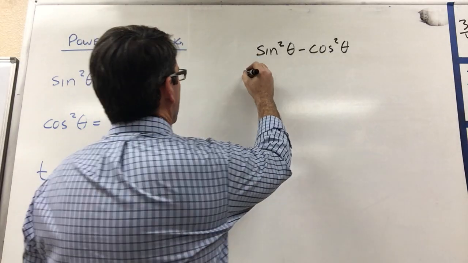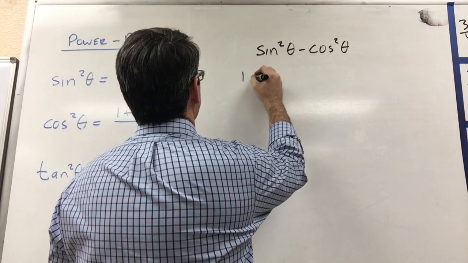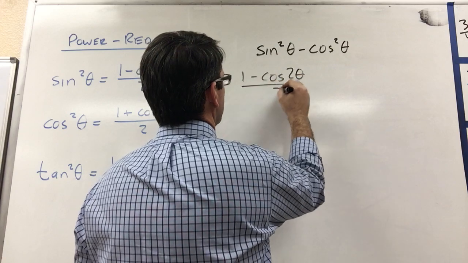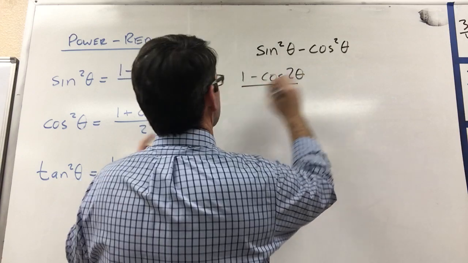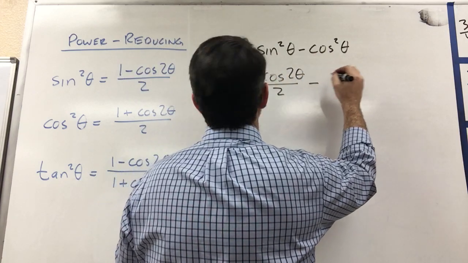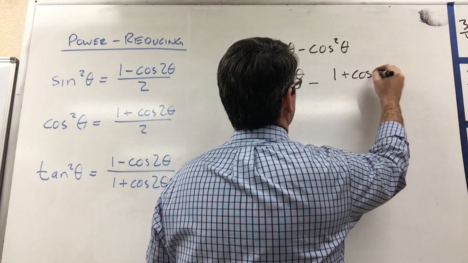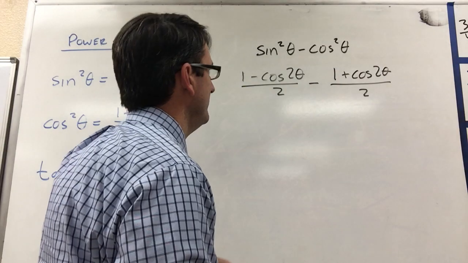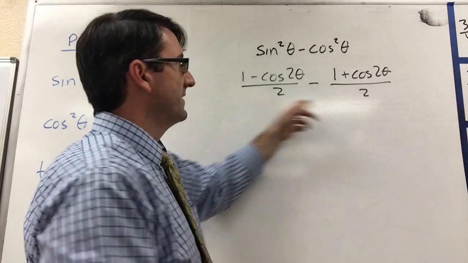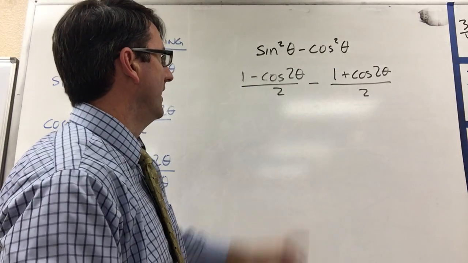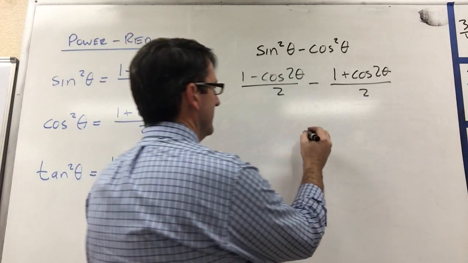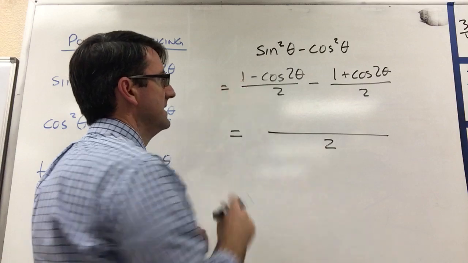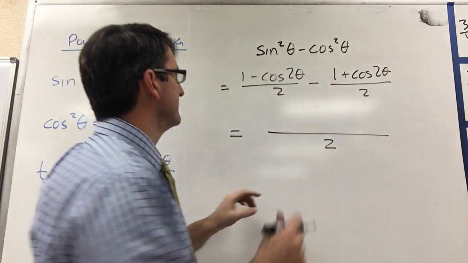So we get 1 minus cosine 2 theta over 2 minus 1 plus cosine 2 theta over 2. All right, so we've got a common denominator here. We can subtract these. So let's put our common denominator down here. And now let's write this numerator out.